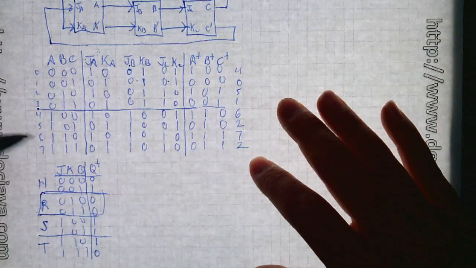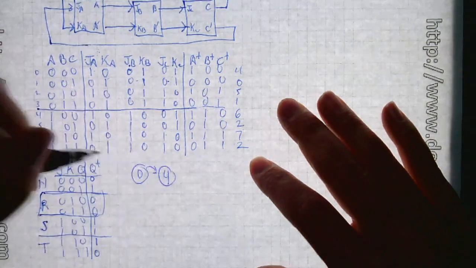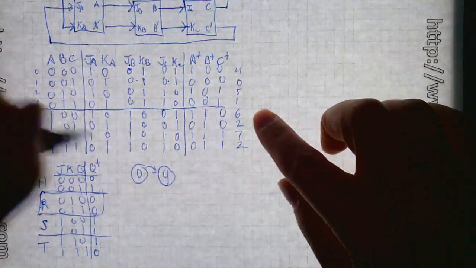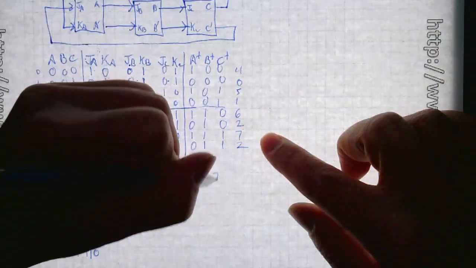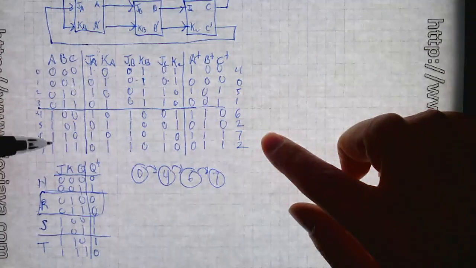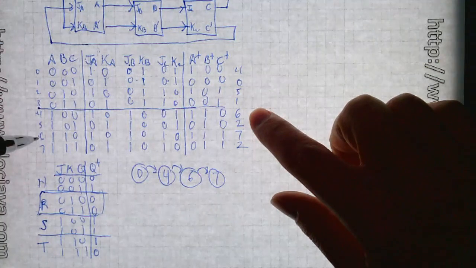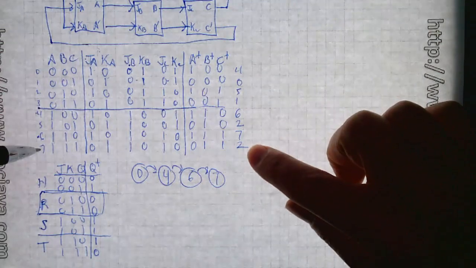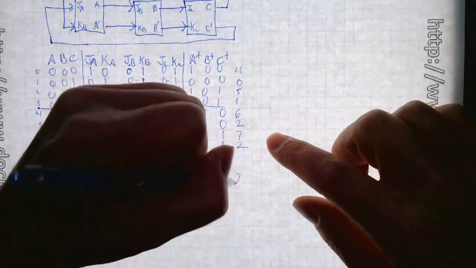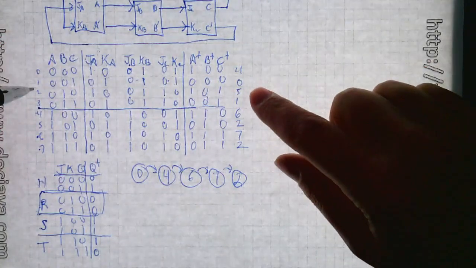How cool is that? 0 goes to 4. We can see 4 goes to 6. 6 goes to 7. 7 goes to 2. 2 goes to 5.